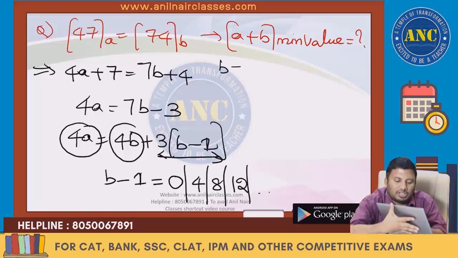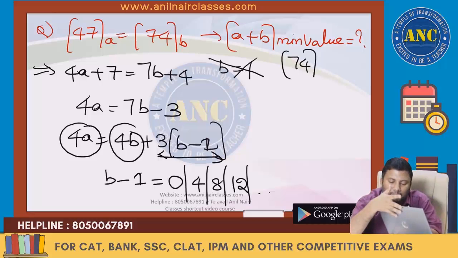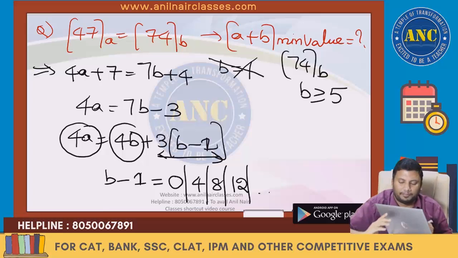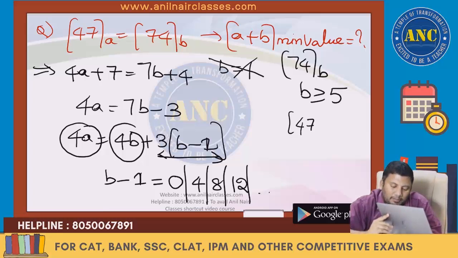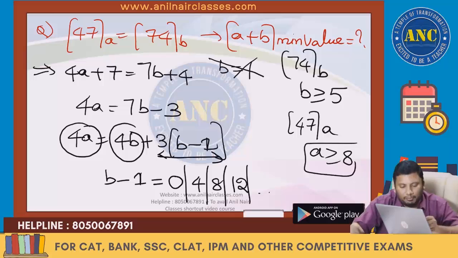If B minus 1 is 0, B is 1. B 1 is not possible because 7, 4 in base system B shows that B is greater than or equivalent to 5. 4, 7 in base system A shows that A is greater than or equivalent to 8. So if B is 1, not possible.